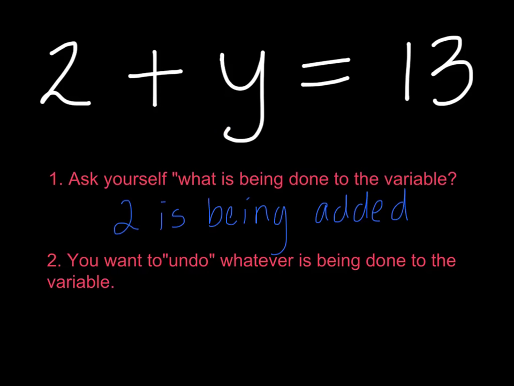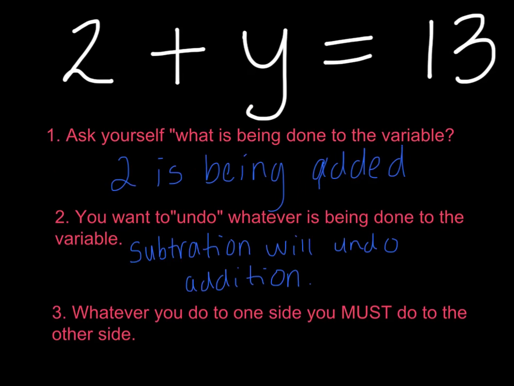Now think about what operations go together. What will undo addition? Well, if you said subtraction, you are correct. You're going to use subtraction. The third thing you always want to remember is whatever you do to one side of the equation, so one side of the equal sign, you must always do to the other side.